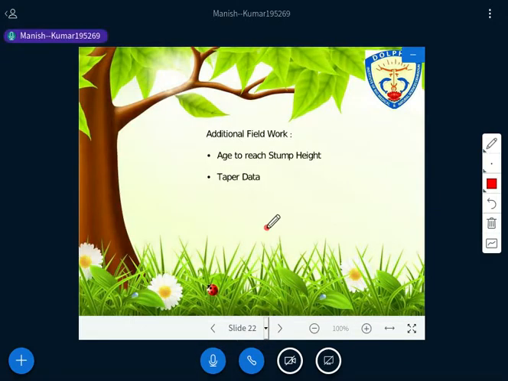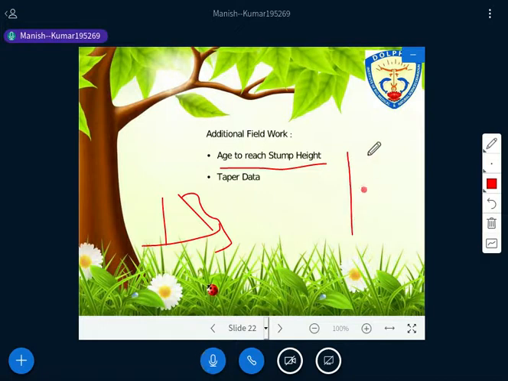Then go for the additional field work. Additional field work, those two things that we have to collect here. First is the age to reach stump height. Again, go to the section on stem analysis, what I have told you, how to get that age. Obviously, you get one seedling up to a height of 1.5 meter to 2.5 meter, and you can cut it from the ground level itself.